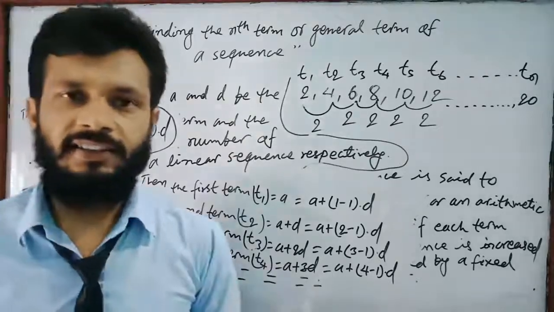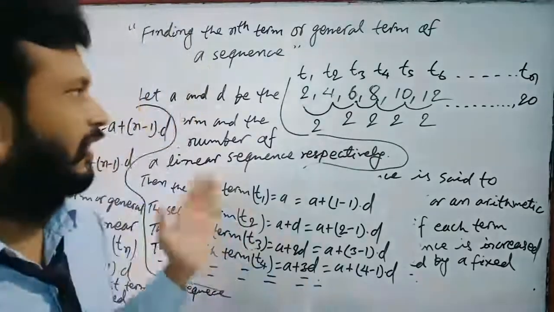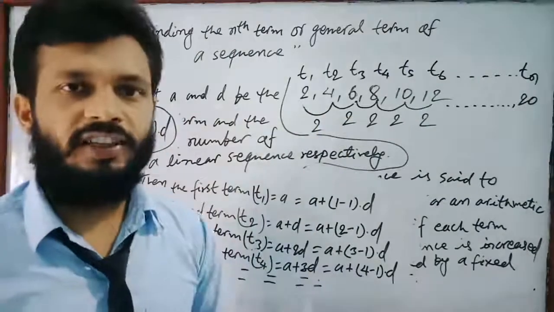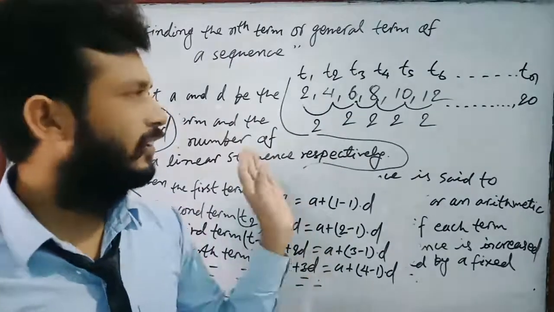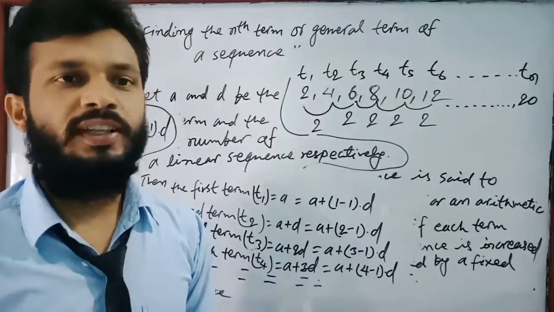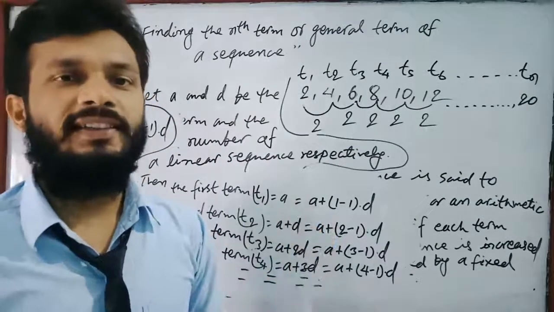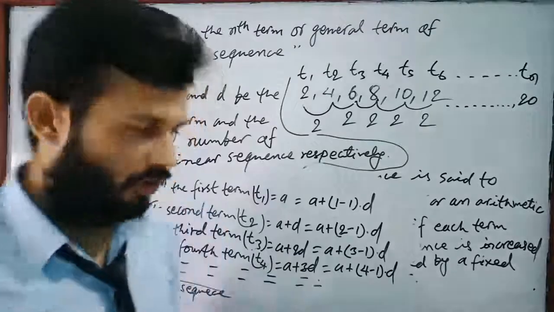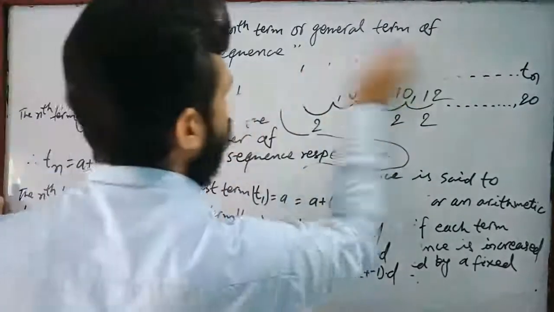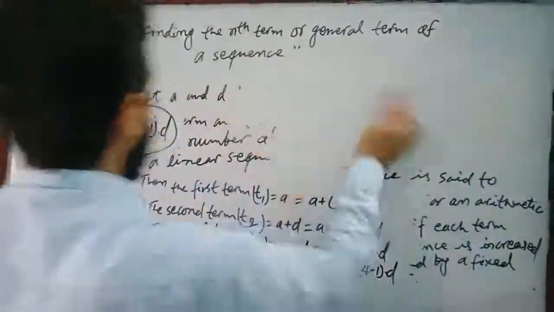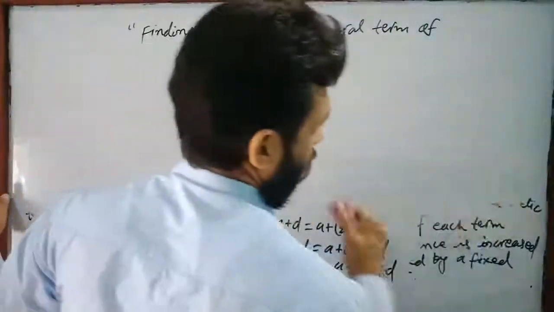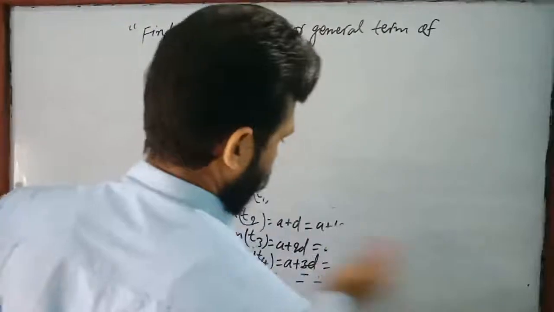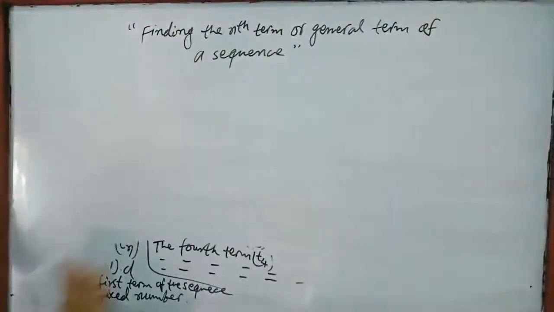So can you find a linear sequence? How to find? First of all, find the difference between any term and its preceding term. Understood? How to find a linear sequence? Okay, let's see. We have some sequence.